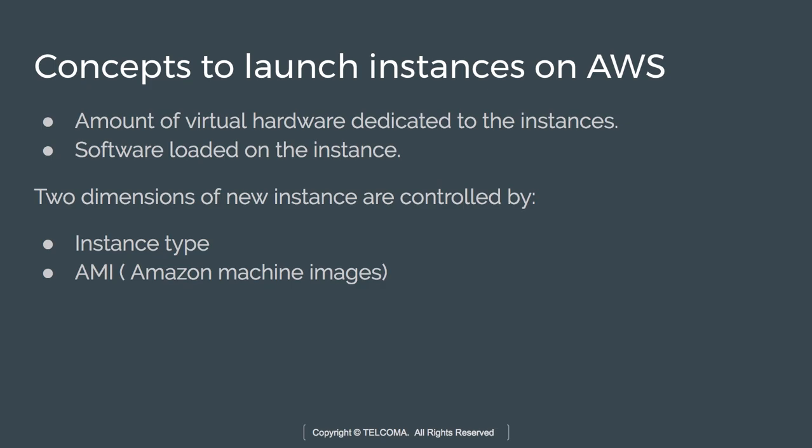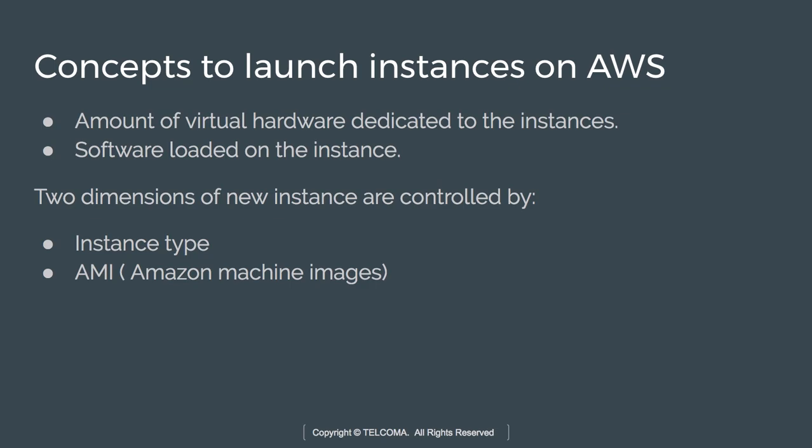There are two concepts that are key for launching instances on AWS. The very first is the amount of virtual hardware dedicated to the instance, and next is the software loaded on that instance. These two dimensions are controlled by instance type and AMI. Instance type defines the virtual hardware supporting Amazon EC2.